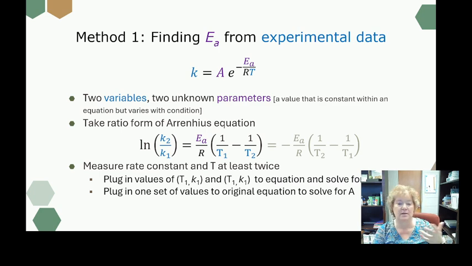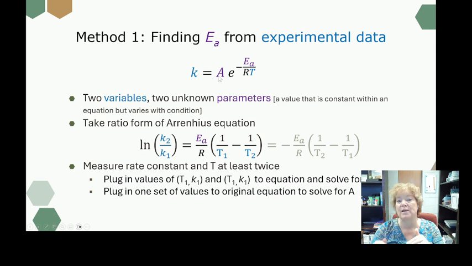Like time is changing, temperature is changing, the rate constant's changing, of course, in the reaction. Those are variables. A parameter is something that's constant, but only for a certain set of conditions. So like for one reaction, I might have one rate constant K, or for another reaction, I might have another one. In this case, different reactions have different activation energies and different pre-exponential factors.